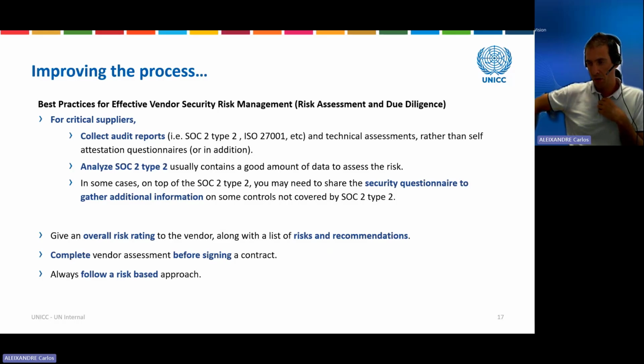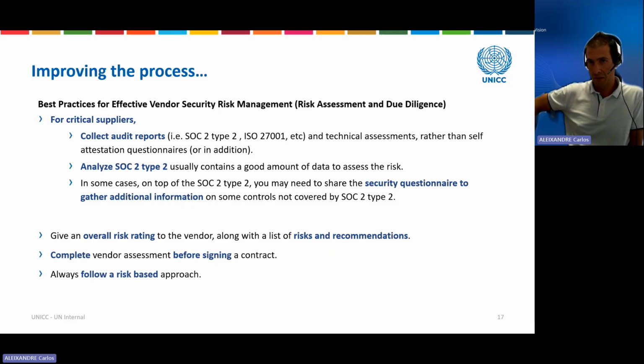So SOC 2 usually follows a very defined structure, and some of today's relevant controls might not be in the scope of the SOC 2 Type 2 report, so it's worth checking with the vendor whether they have implemented them or not. Okay, very important: complete the vendor assessment before signing a contract.